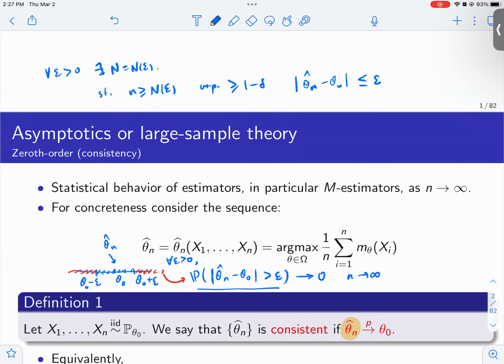This is just complementing this. Such that the probability of theta hat n minus theta naught bigger than epsilon is less than or equal to delta.